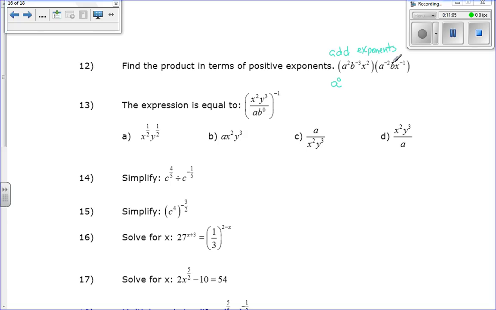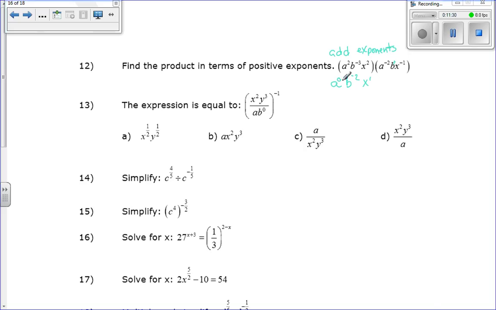B to the negative 3 times b to the first, which isn't an exponent there, remember it's 1. Negative 3 plus 1 is b to the negative 2. And then I have x squared times x to the negative 1, so 2 plus a negative 1 is just 1.